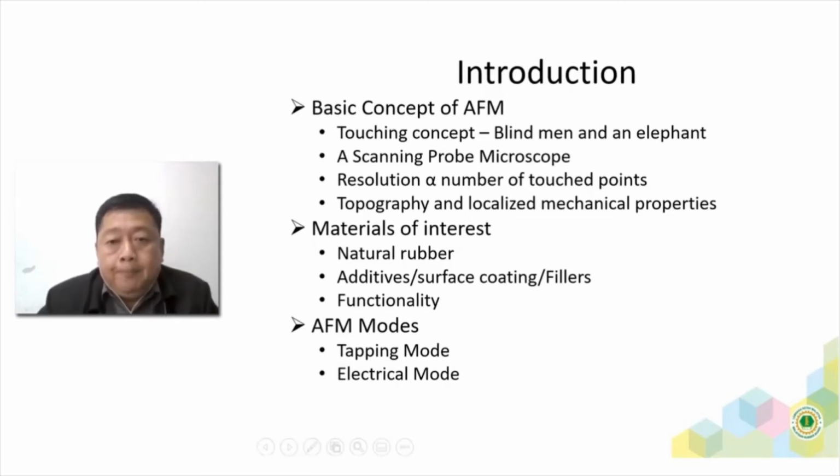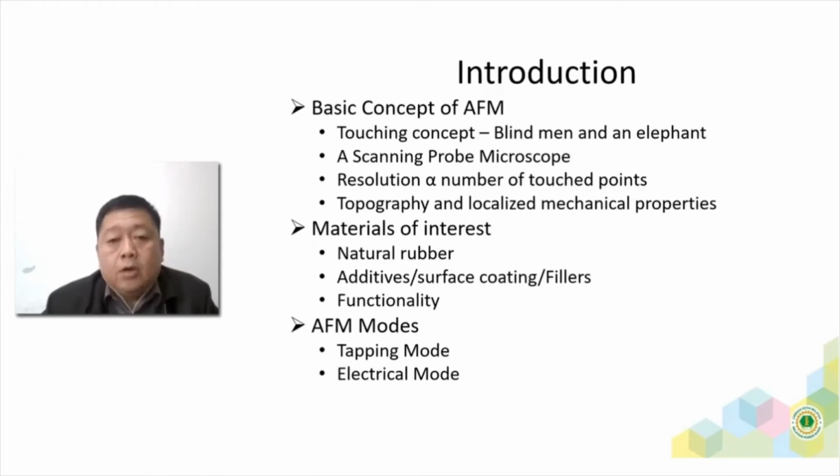Since the concept is touching, at every point the cantilever touches, the information about that particular point is recorded. That information can be converted into mechanical properties, such as how hard or how soft that spot is, whether that spot is sticky or not sticky, or even whether that spot is conductive or not conductive, thermally or electrically.